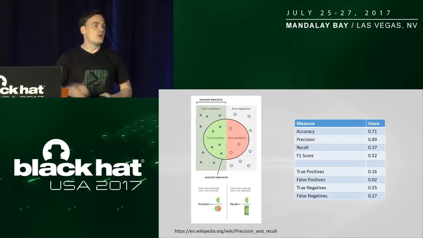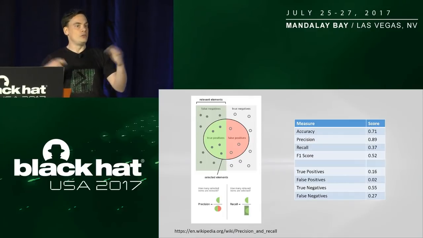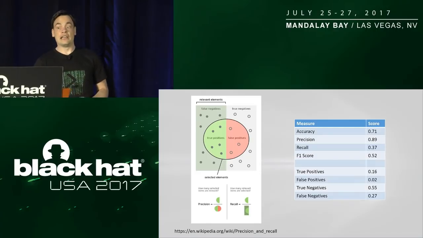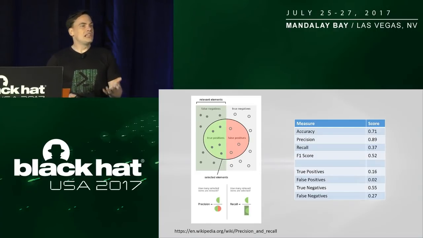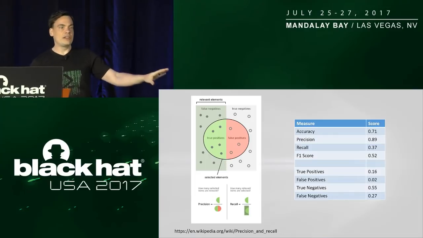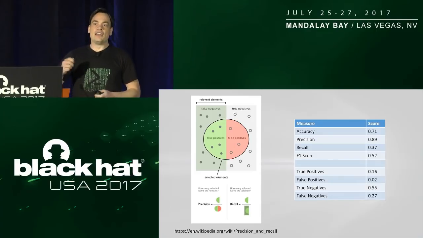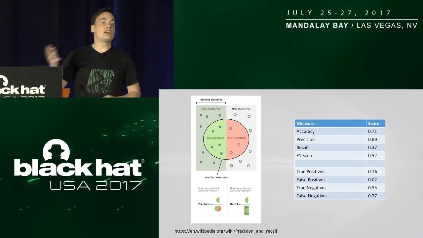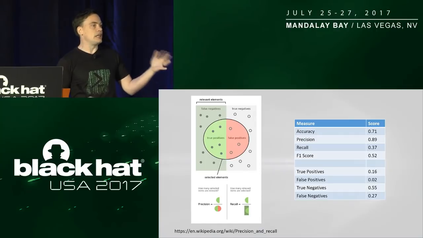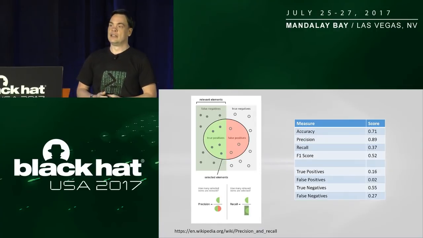The F1 score is what people use to combine those two things, and that's where you see we really have some problems, at 0.52. So there are clearly dangers of character-only analysis, and if you just look at characters, there's a big opportunity for attackers to manipulate those character frequencies.